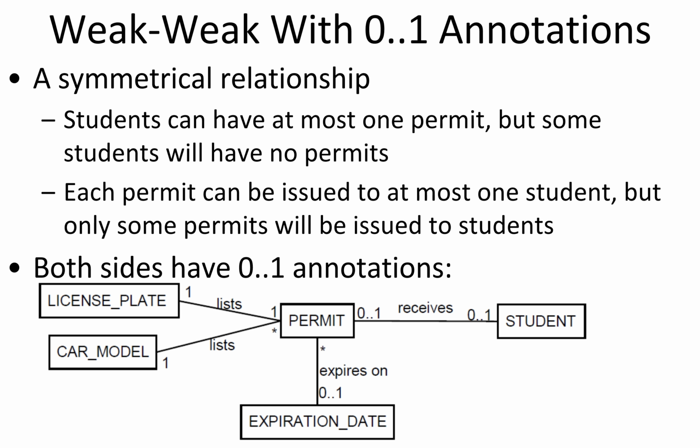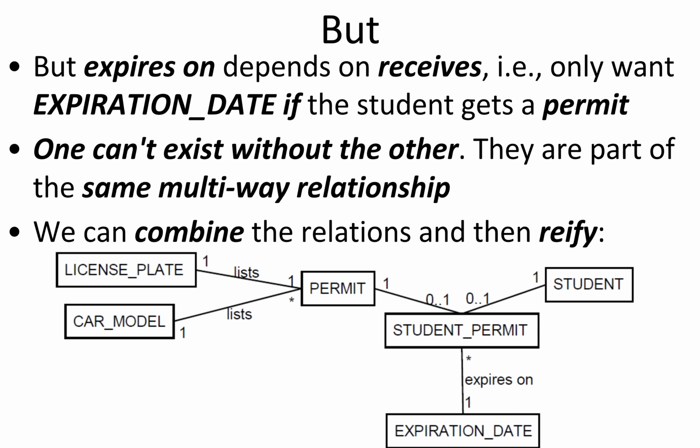So here we would like to be able to capture that optionality. Whether a student has a permit, if they receive it, then it has an expiration date or not. But if you don't receive it, there is no expiration date. The whole thing is optional. So if you're a student, you have an expiration date. If you're not a student, then you don't have an expiration date.